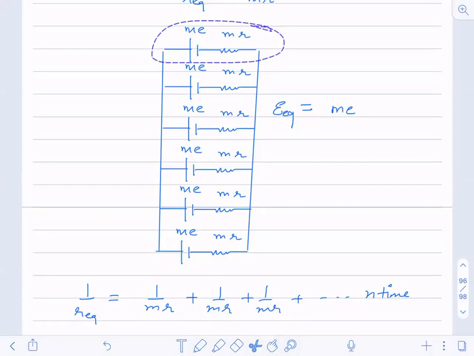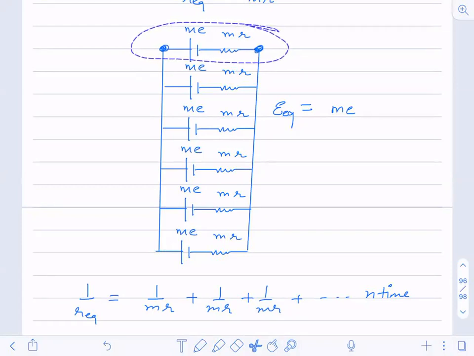Okay, first row. In first row, what is the potential difference across the two ends? Across this point and across this point. For this one combination, for one row, what is the potential difference? Is it ME?